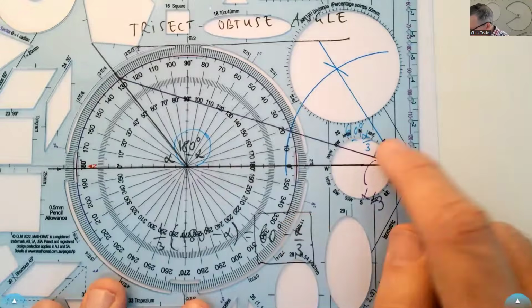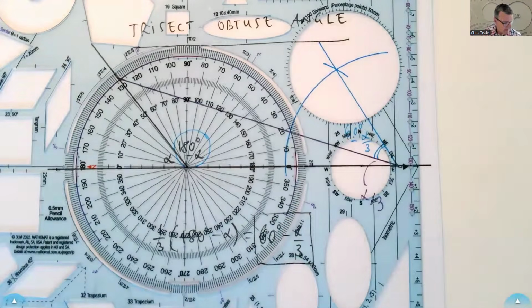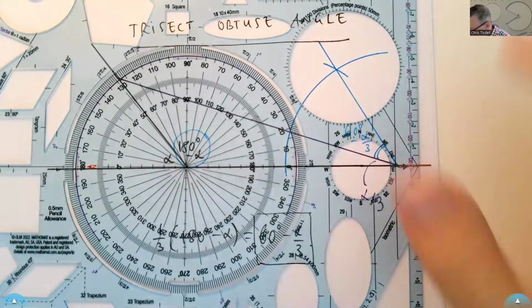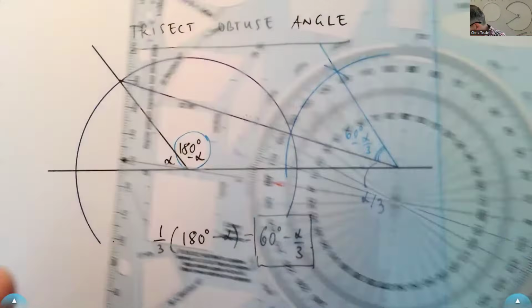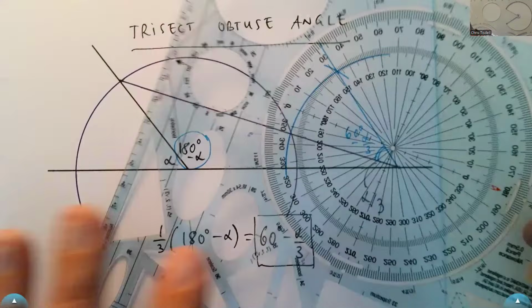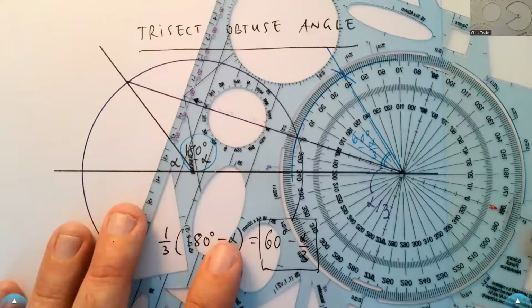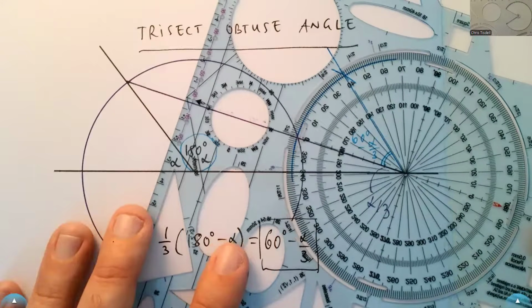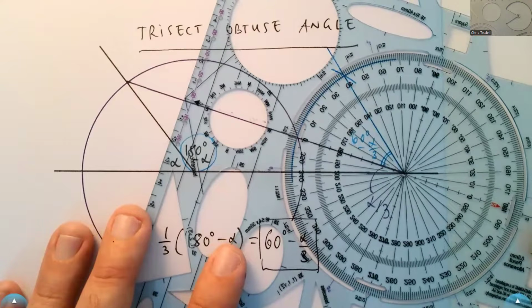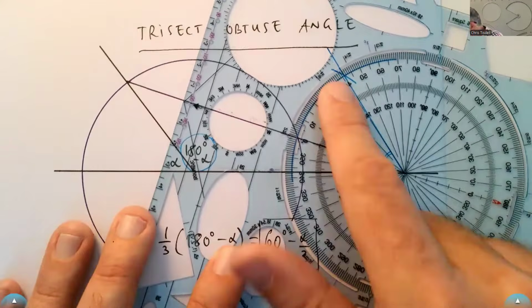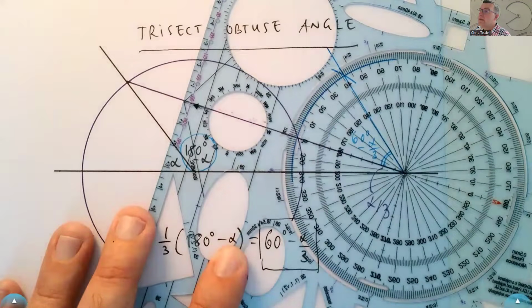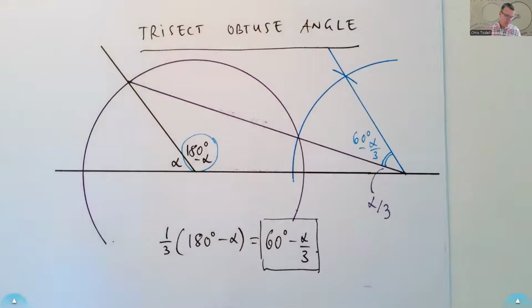So this smaller angle should be about 1/3 of that, so around about 43. Let's see what happens. Hey, look at that. That's pretty close. So not exactly accurate, but pretty close.